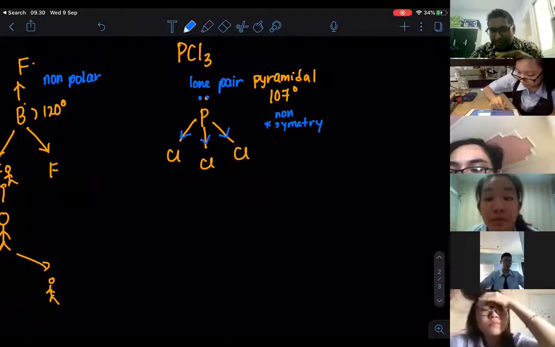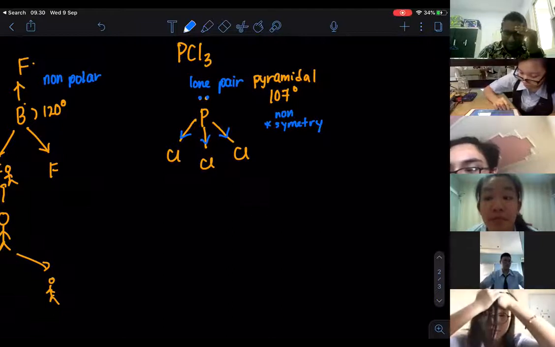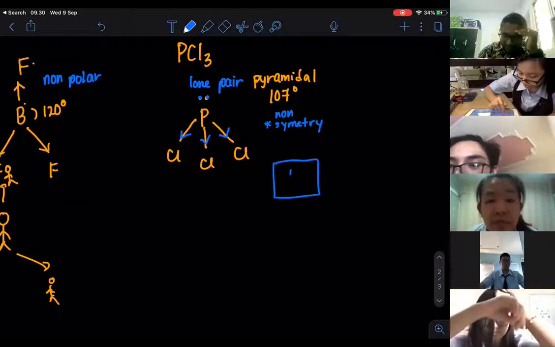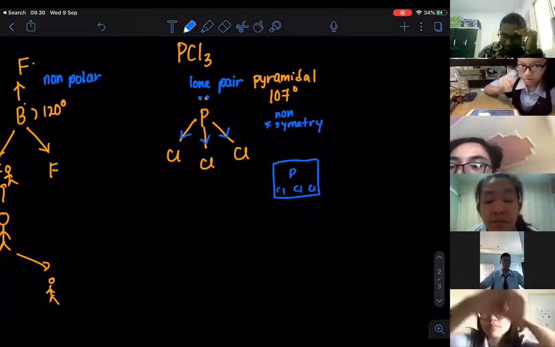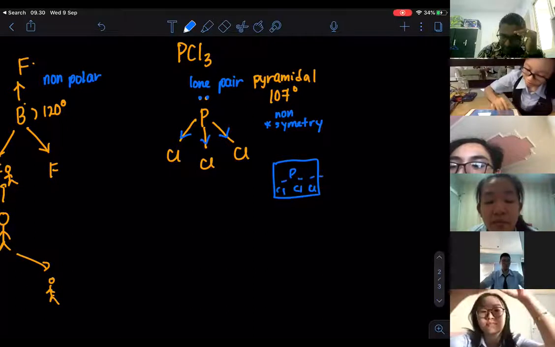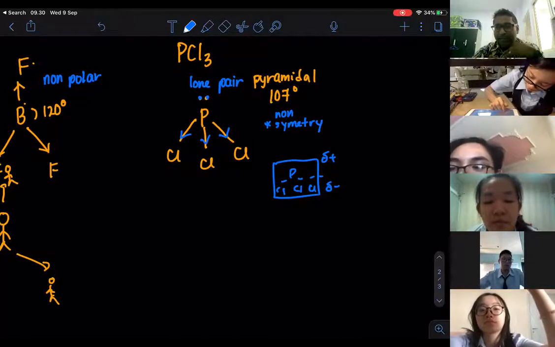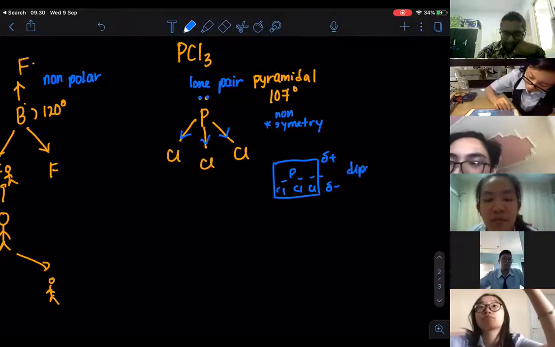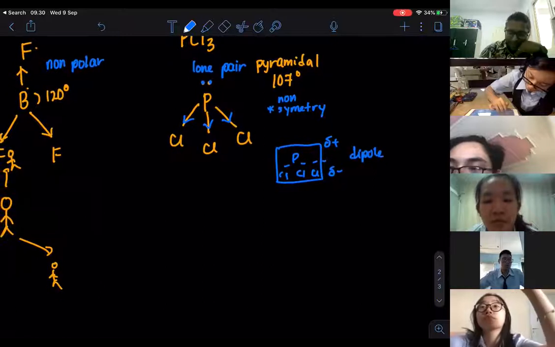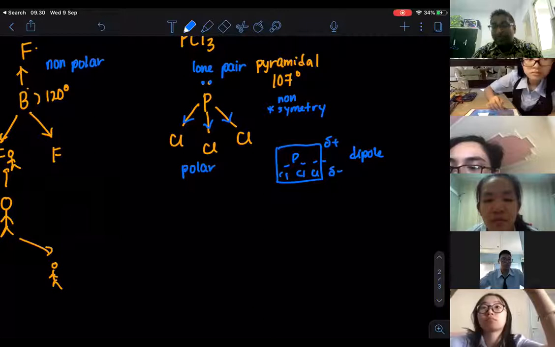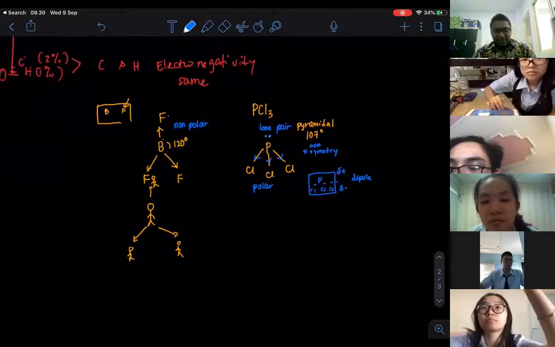So most likely the electrons will follow the Cl. In PCl3, I know that this part will most likely be delta negative compared to this part. So there is a dipole. The moment there is a dipole, we say that this molecule is polar. So we actually determine polarity using this.